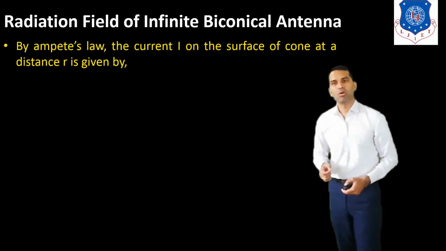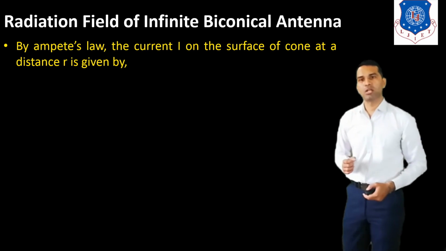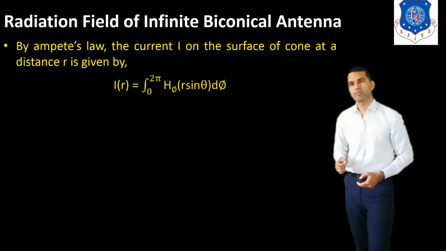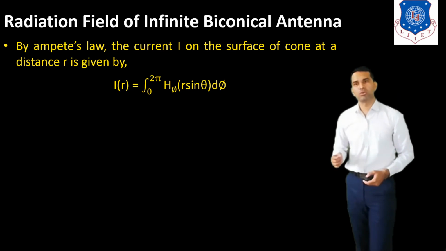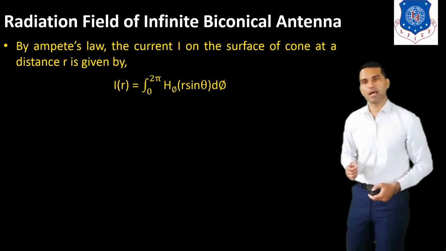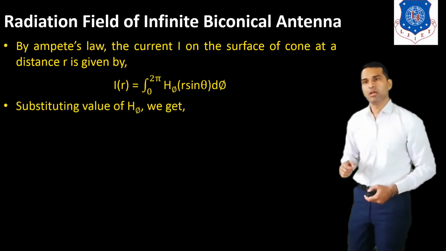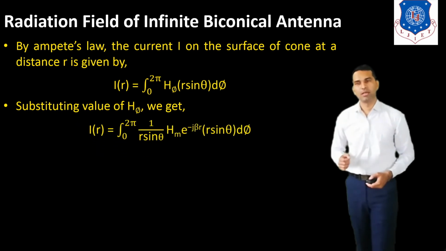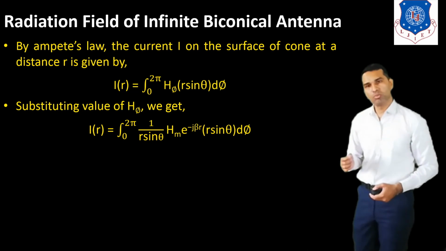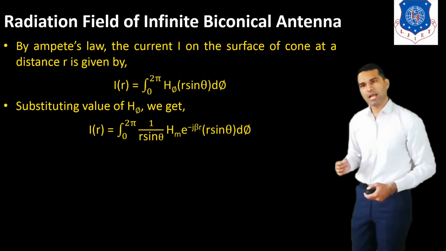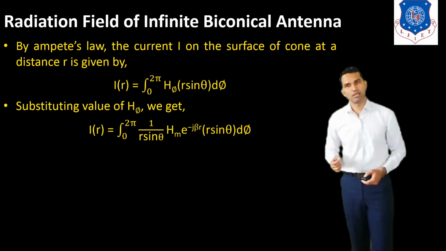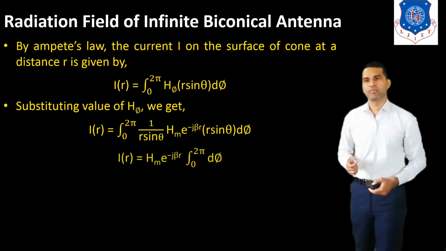By Ampere's law, the current I on the surface of the cone at the distance r is given by I(r) equals the integration from 0 to 2 pi of H phi r sine theta d phi. Now we substitute the value of H phi. So we get I(r) equals the integral from 0 to 2 pi of 1 upon r sine theta, Hm e raised to minus j beta r sine theta d phi.